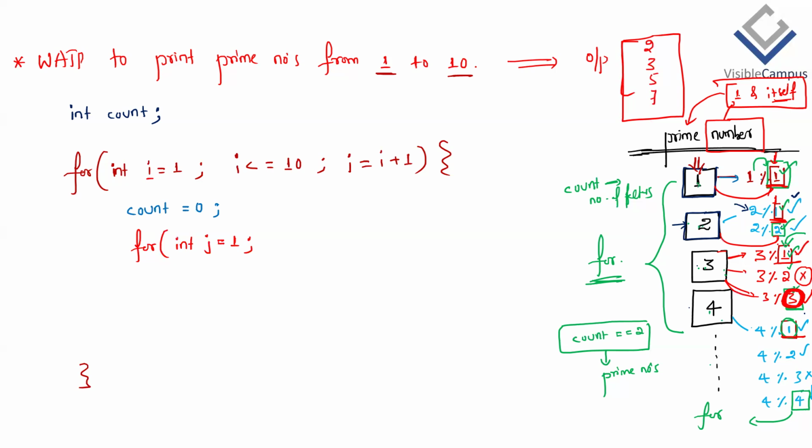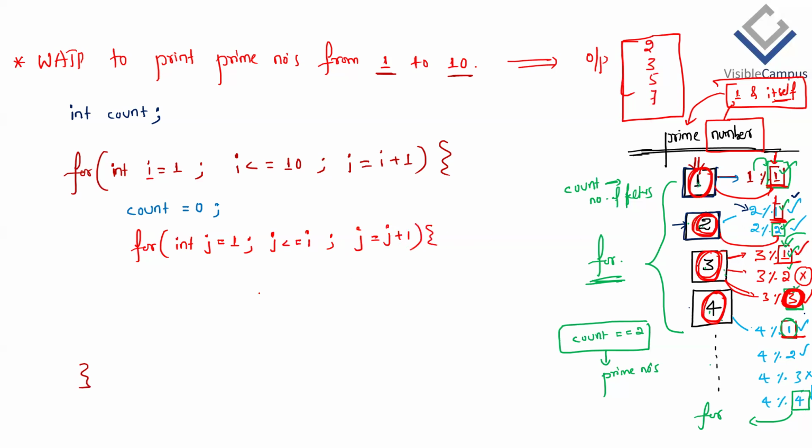No. These numbers are in which variable? The i variable only. Then j has to end by the i value. So j has to be less than or equals to i. Understood? Then j has to increment by how much? By 1 every time.